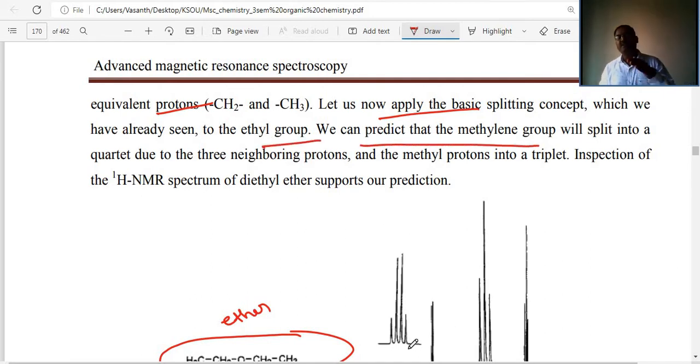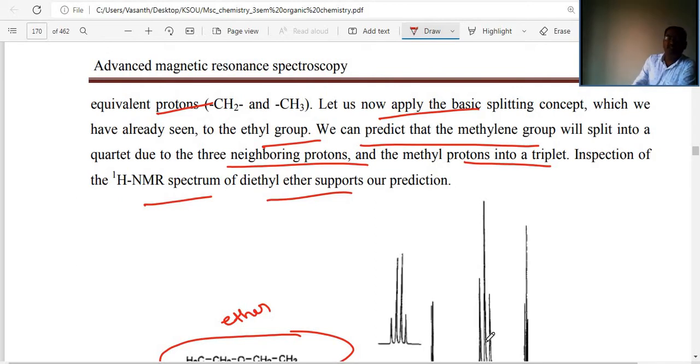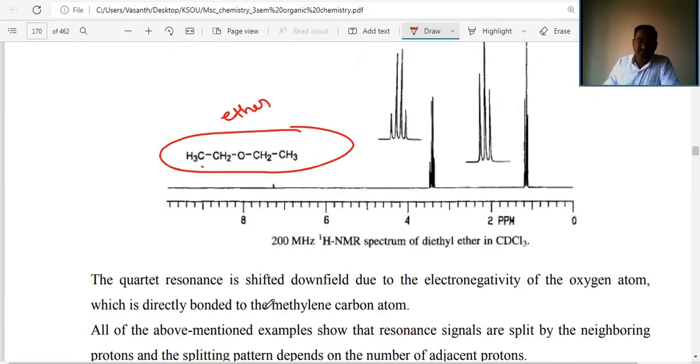We can predict that the methylene group will split into a quartet due to the three neighboring protons, and the methyl protons into a triplet. Inspection of the proton NMR spectrum of diethyl ether supports our predictions.